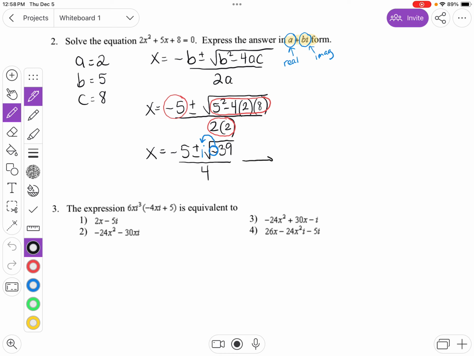So my final answer here is going to be negative 5 over 4, plus and minus, there's that i, there's that square root of 39, and we're going to put a 4 there. And just so you know, sometimes they like to put a 1 in front of the i, so sometimes it might look like this if this is a multiple choice answer, but you don't have to write it like that.